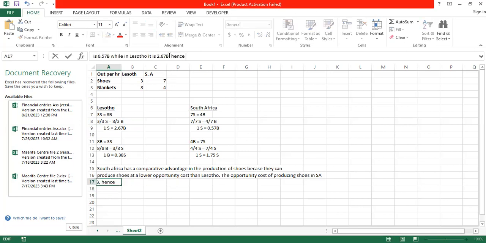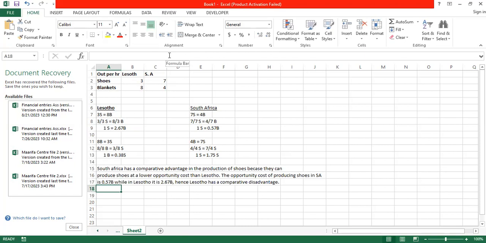Hence, Lesotho has a comparative disadvantage, right? So I know you can probably phrase this a lot better than this, but most importantly, however you phrase it, you need to make sure that you have answered the question.